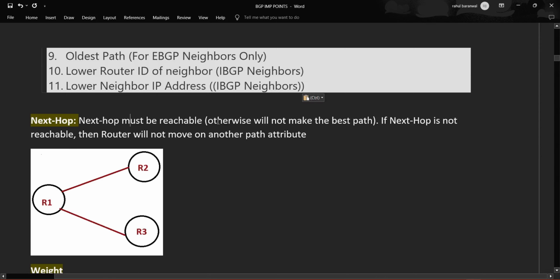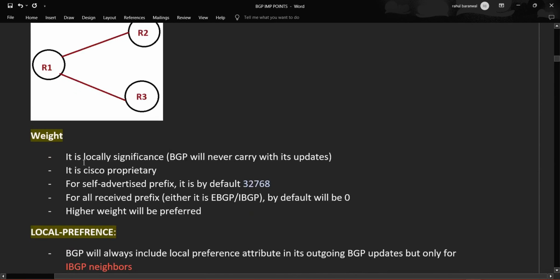Now, the second criteria is weight. It is locally significant. That means BGP will never carry it with its update. If you have configured weight on one router, that weight will be applied only on this router, and will not be applied to all the routers present in a single AS. Okay, and it's Cisco proprietary.